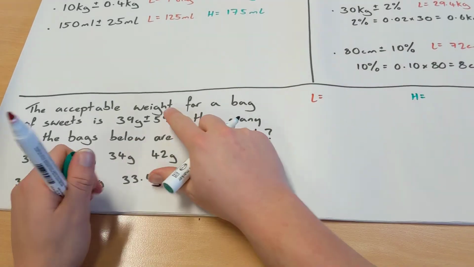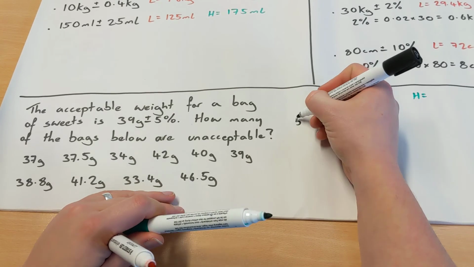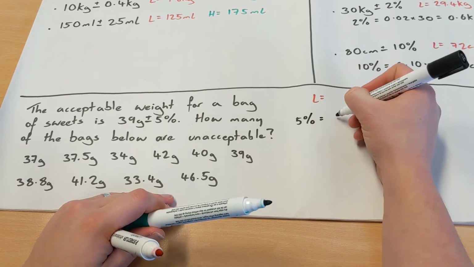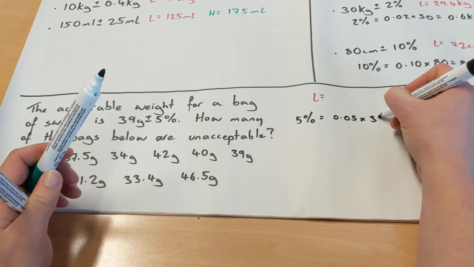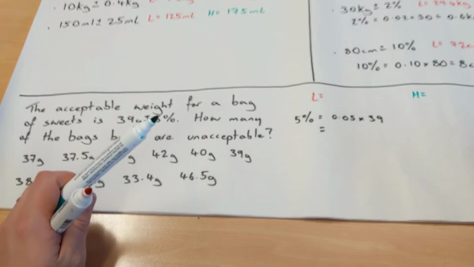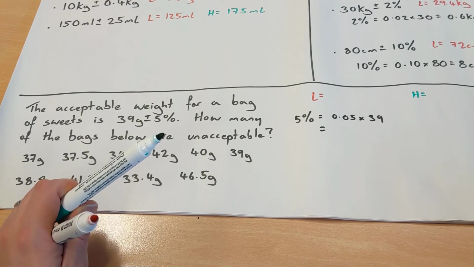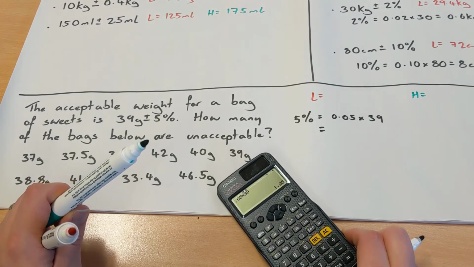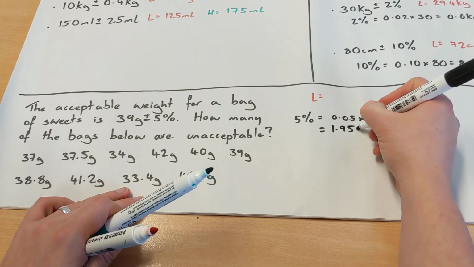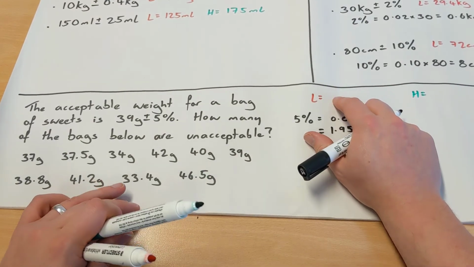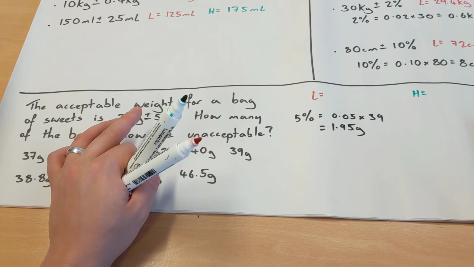But because this is a percentage, we first need to work out what that percentage is. So 5%, well, that's 0.05 times by 39. So 0.05 times by 39 equals 1.95. So our lowest value then will be 39 grams take away 1.95.